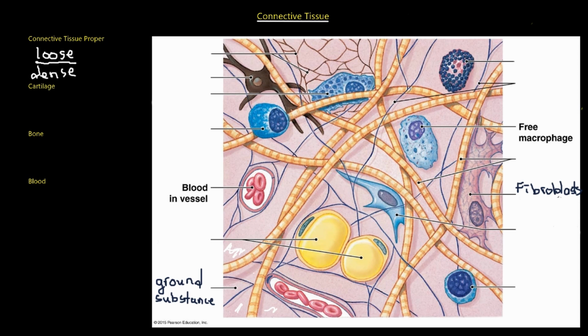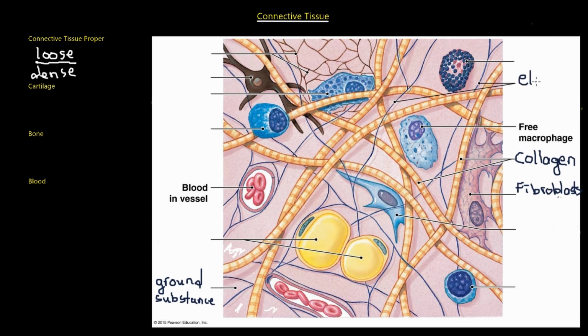They produce things like collagen. All of these large fibers here are collagen. The function of collagen is that they are strong, flexible, and resistant fibers that protect cells from physical damage. They also produce elastic fibers, and elastic fibers would be these blue, darker ones.